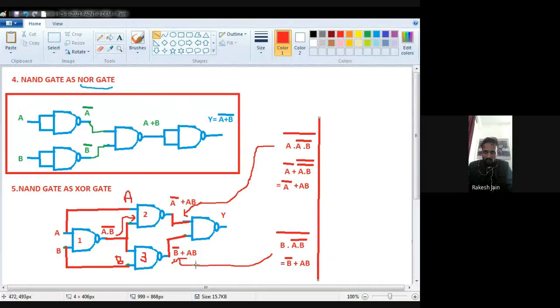If you have any confusion about where the output of this third NAND gate equal to B bar plus AB comes from, once again I tell you in a verbal sense: the first input is B, the second input is A dot B bar. So both are multiplied and having a bar because this is the output of a NAND gate.